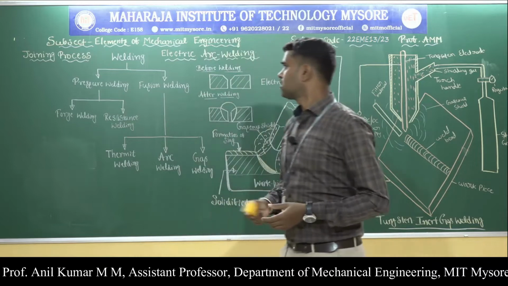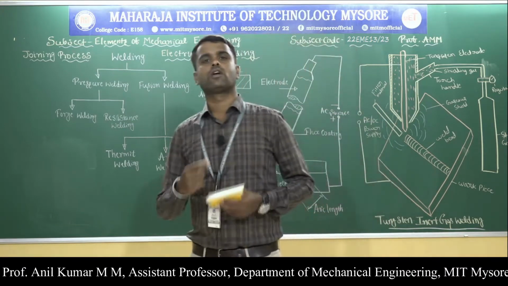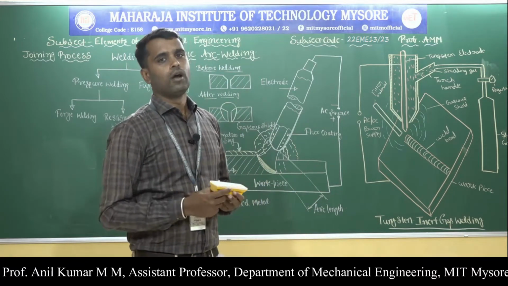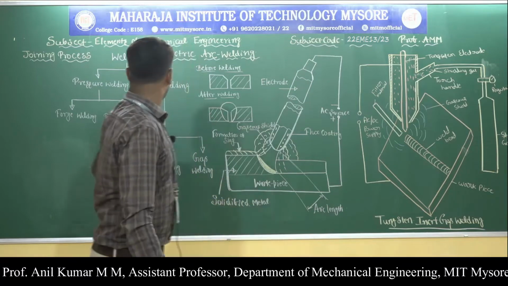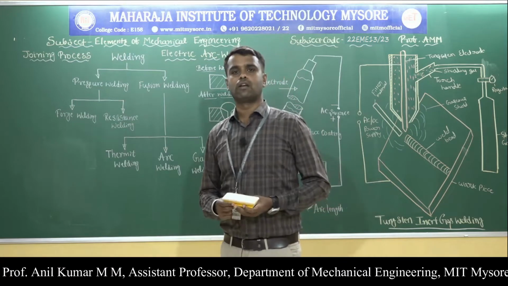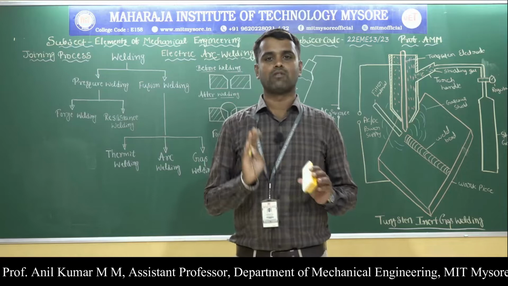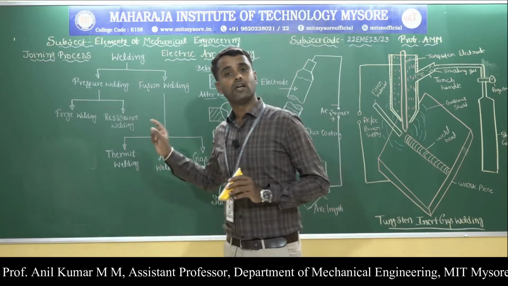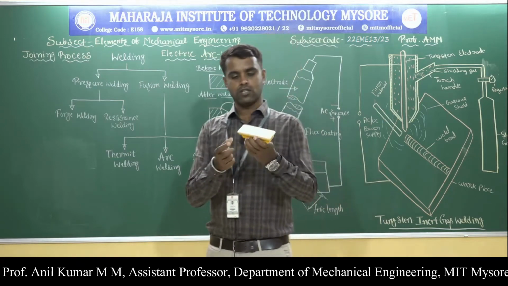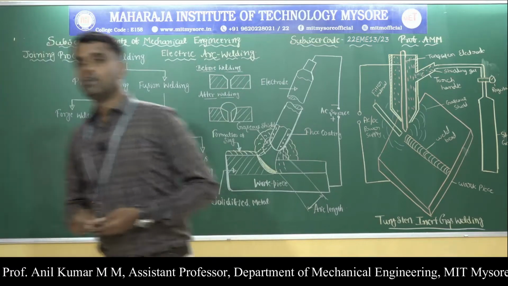Next, coming to the syllabus, they have mentioned only welding, soldering and brazing. So now let us discuss one by one what welding, soldering and brazing are. Coming to the welding process, all of you know the word welding. Welding is a joining process, one type of permanent joining process, in which two materials are joined with the help of heat.